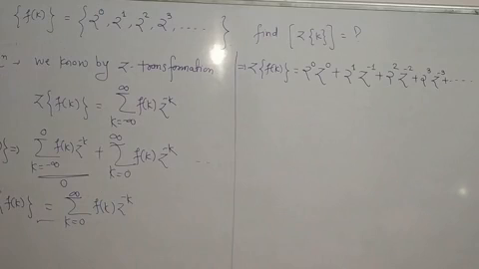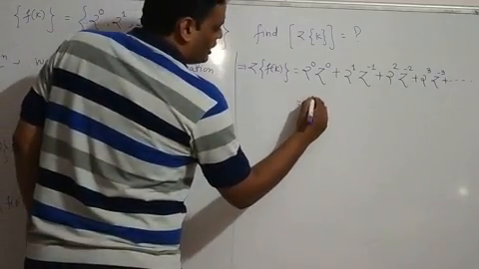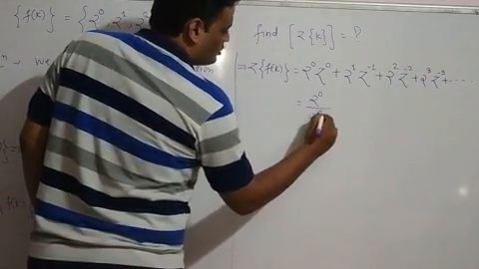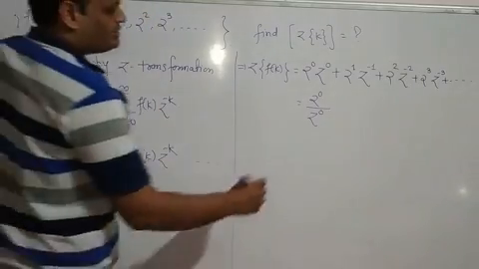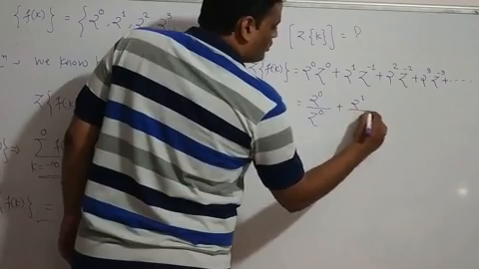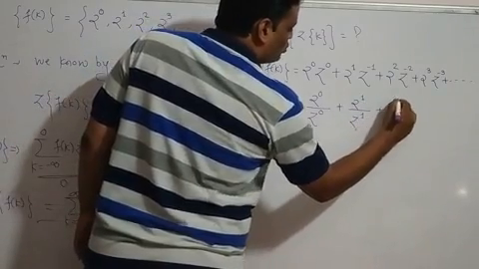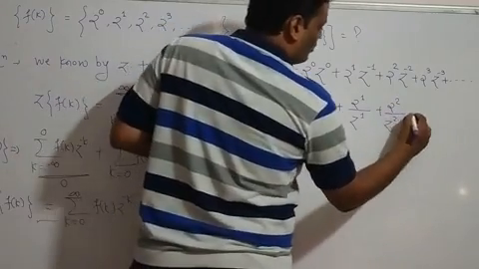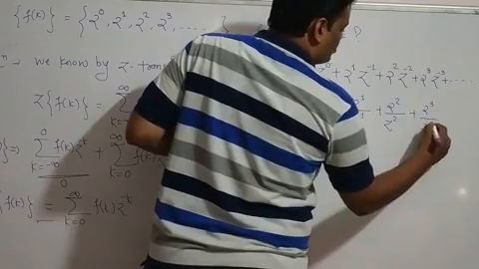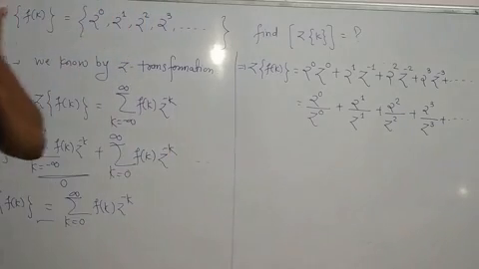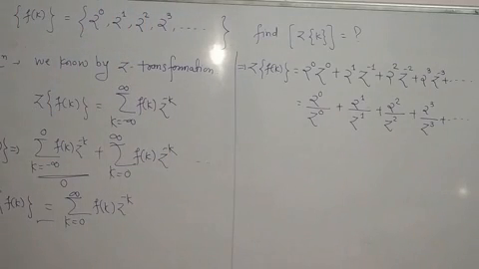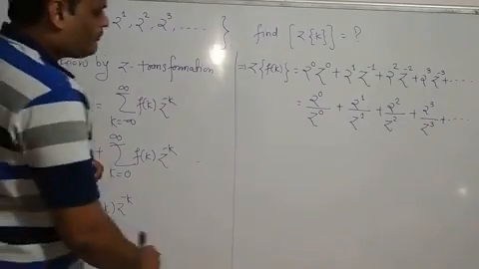Now if you see the sequence, you have the power of z as negative. So what we will do is take that negative power into the denominator, so that it becomes positive. So you have 2 raised to 0 over z raised to 0. Now for 0, the plus and minus is the same. Then you have 2 raised to 1 over z raised to 1 plus 2 raised to 2 over z raised to 2 plus 2 raised to 3 over z raised to 3 plus and so on.